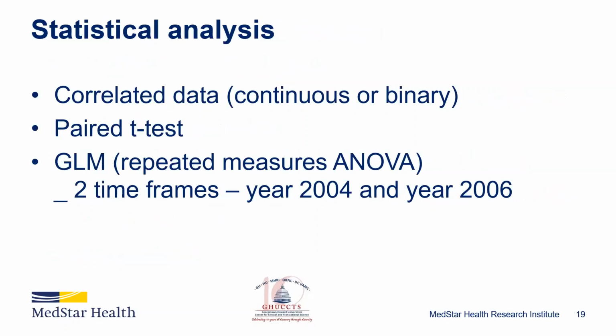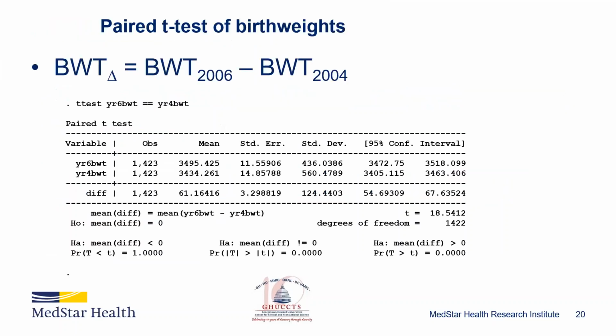Since this is correlated data, we could just do a paired t-test, or if we set our data up a different way, we can use a general linear model and basically amount to a repeated measures analysis of variance. Here are the paired t-test results. It's just a difference in the year 6 birth weight, which was just one of the outcomes we were interested in. I just use this as an example, comparing that with the year 4 birth weights.